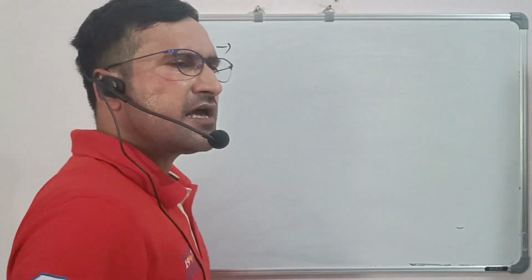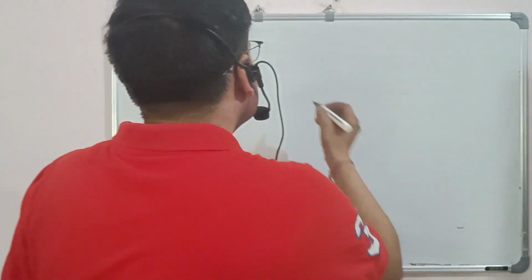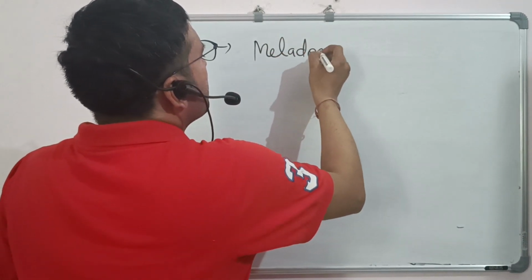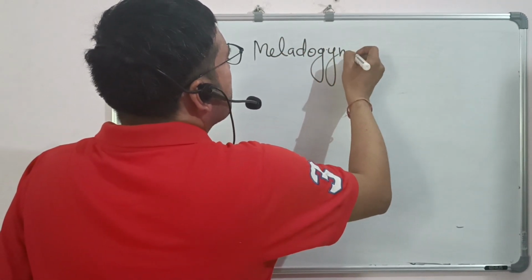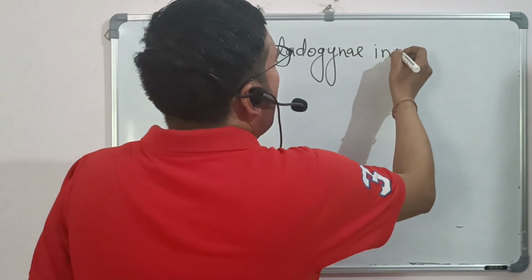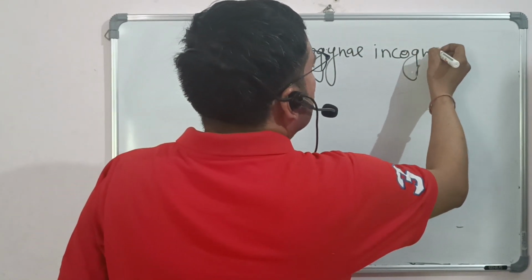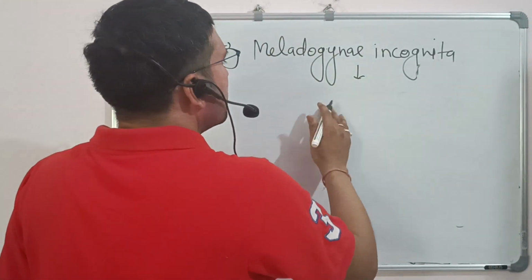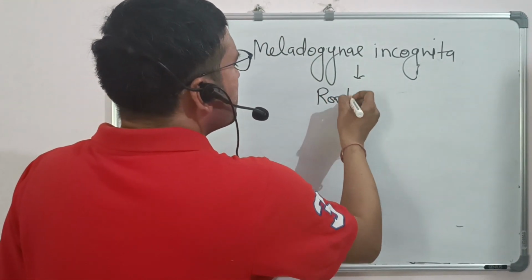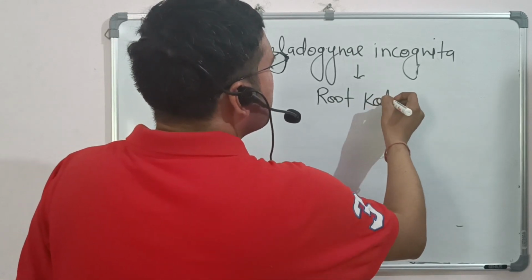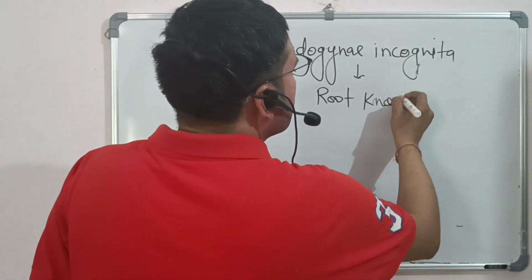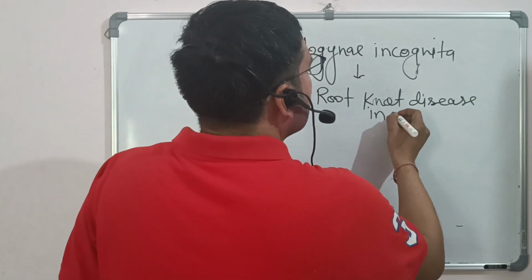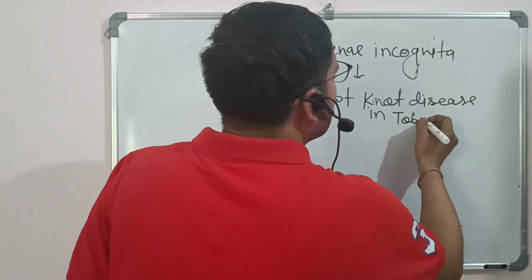One of the parasites is known as Meloidogyne incognita, which causes the root knot disease in tobacco plant.